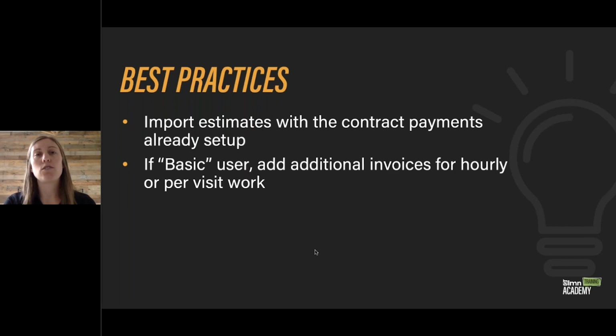Where basic users will have to pull a report through LMN Time based on what the foreman has entered on the timesheet, and then they'll have to manually create invoices individually for those payments, for those additional services. So just an FYI there, that's a new feature with the customer portal release. Basic users didn't have access to invoicing at all, but now they can invoice on an individual job level.